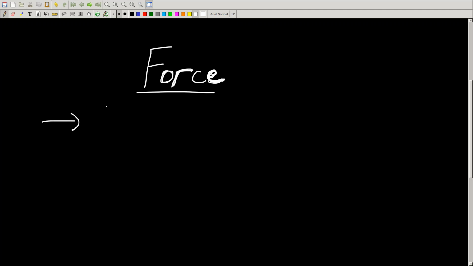So back in the day, now I sound old, a force was defined as a push or a pull. Very loosely, if an object pushes or pulls on another object, we call that action of pushing or pulling a force.